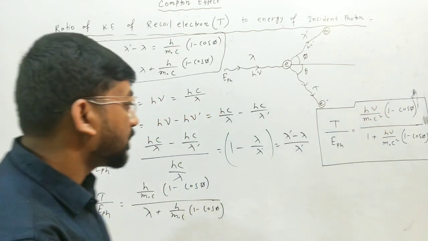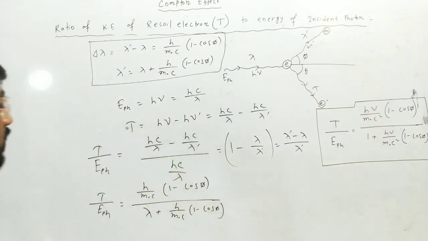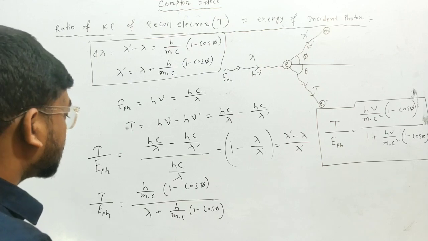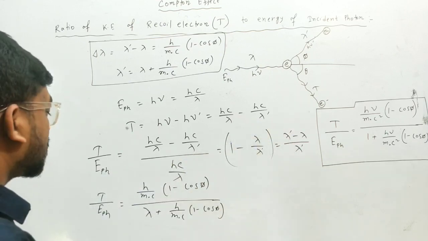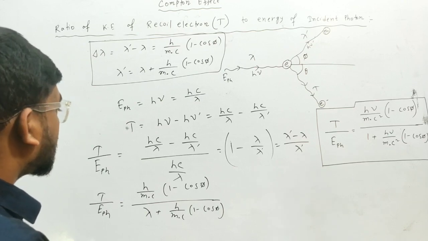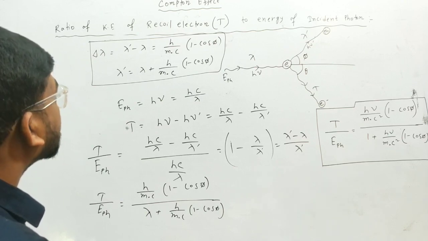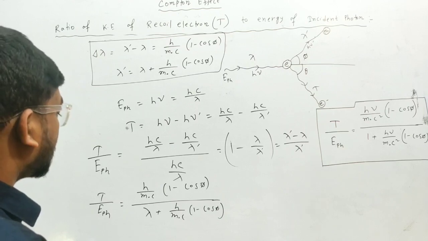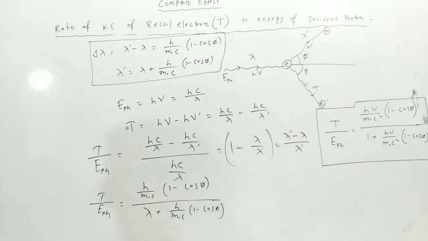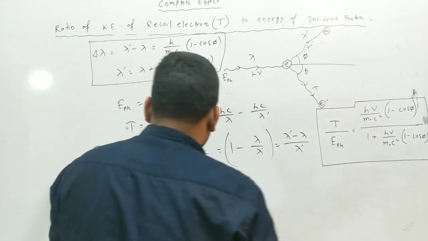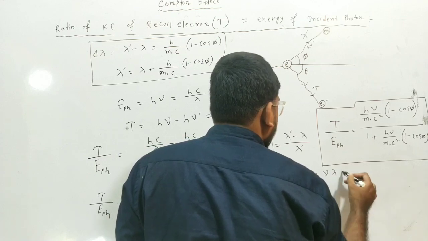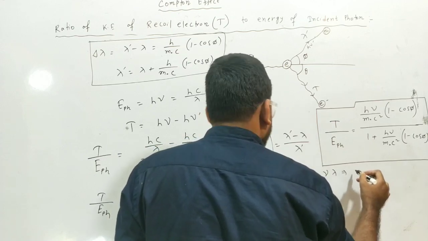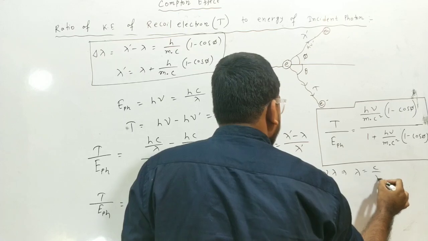So how can we write it in terms of nu? We have lambda dash minus lambda divided by lambda plus h by m0c into 1 minus cos phi. You know the relation between nu and lambda: c equals nu lambda. So instead of lambda we can substitute c by nu.